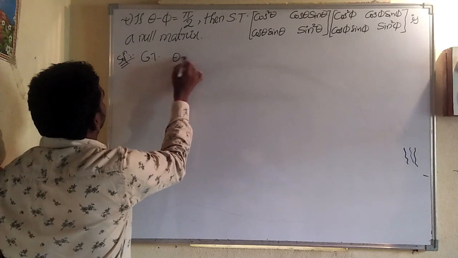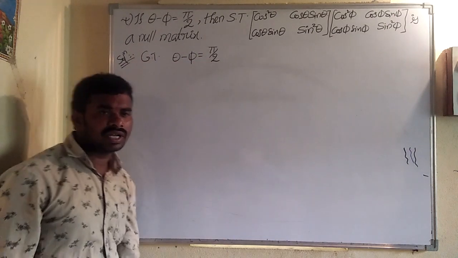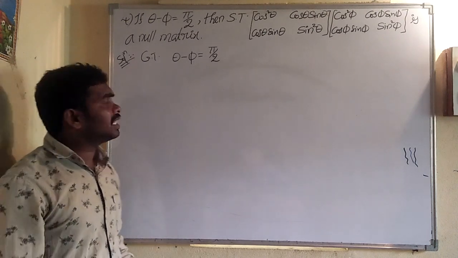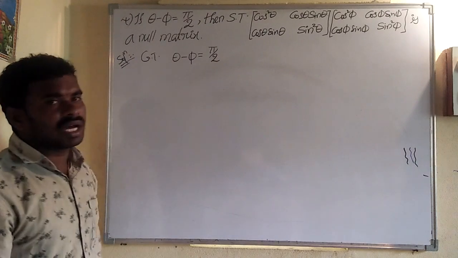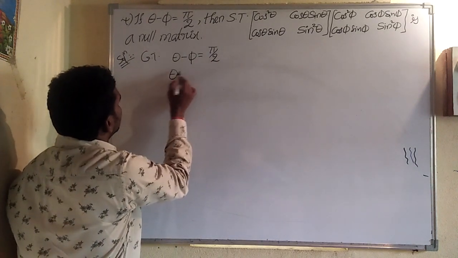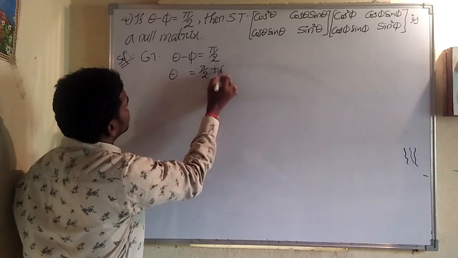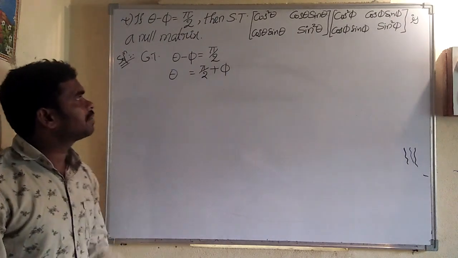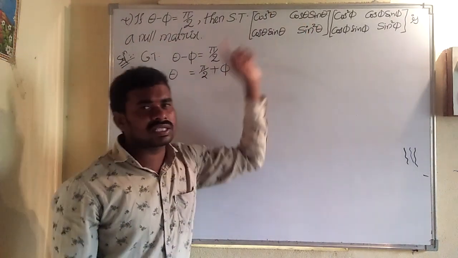Given that theta minus phi equals pi by 2. Let us see some small trigonometric formulas. First of all, send minus phi to the right side. Then theta equals pi by 2 plus phi. So it is in terms of sine and cos.